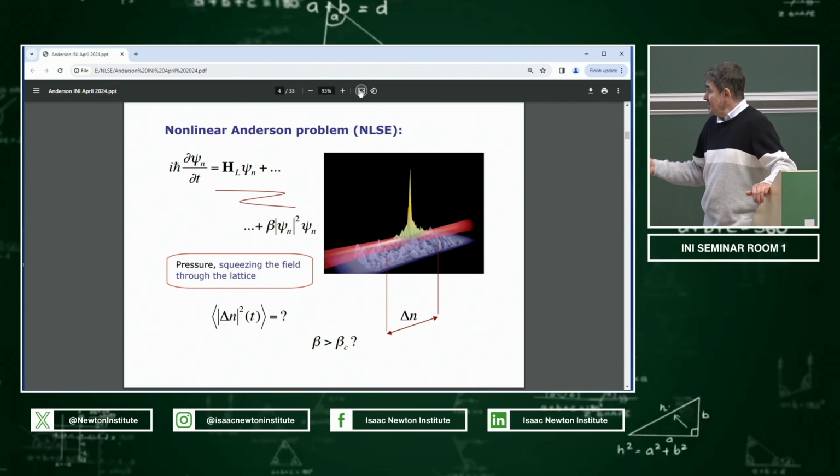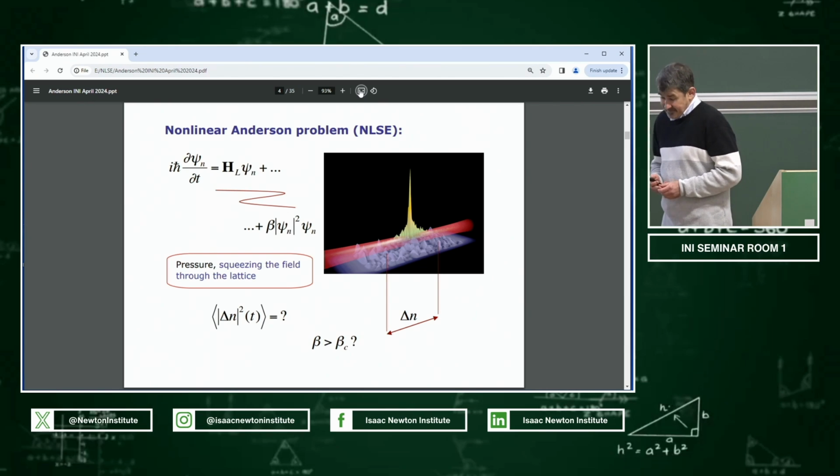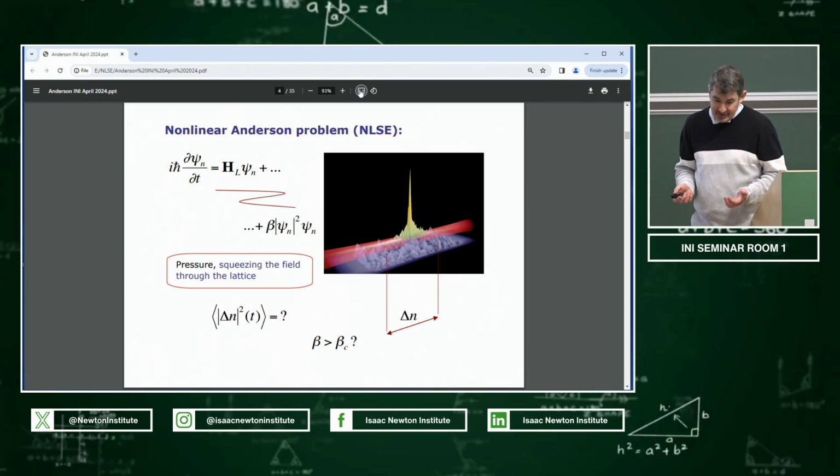If it spreads to infinity, what is the spreading law? And finally, does all this work for arbitrary beta or for some beta, and is there maybe a critical value of beta, above which it spreads to long distances, below which it doesn't spread at all? So the questions are many.